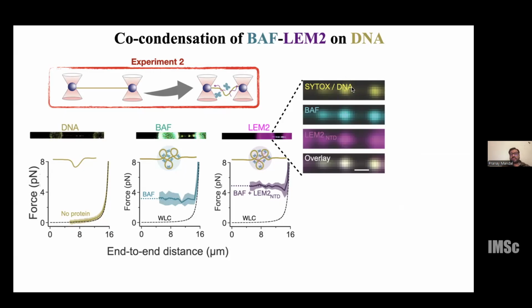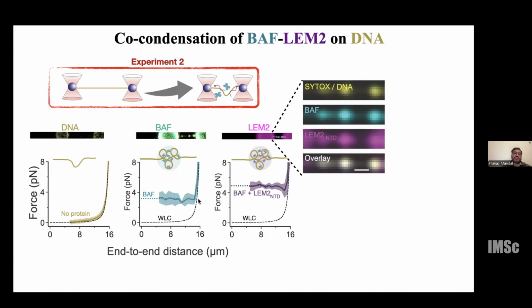Otherwise, we don't see this droplet formation. This droplet formation is also accompanied by a plateauing of the force, where when we relax the DNA, instead of going completely to zero, the force just saturates at some force value.